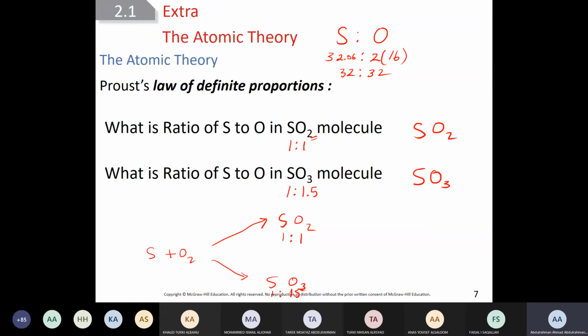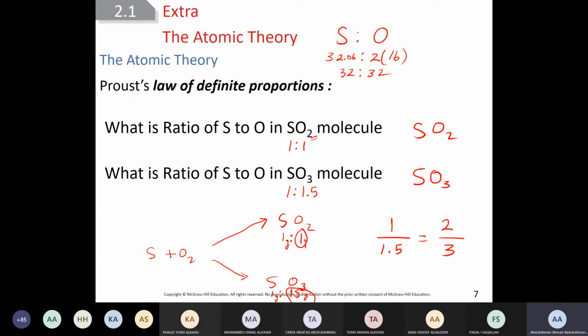Now, let's do the multiple proportion. If you take the amount of oxygen that will react with 1 gram of sulfur in one compound compared to the amount of oxygen that will react with 1 gram in the other, what will be the ratio? 2 over 3.